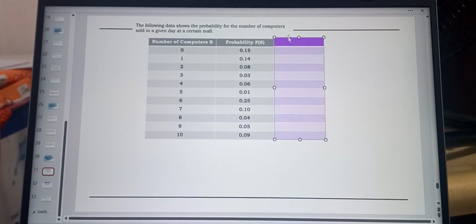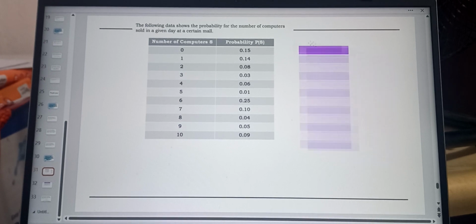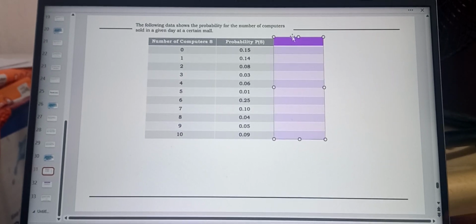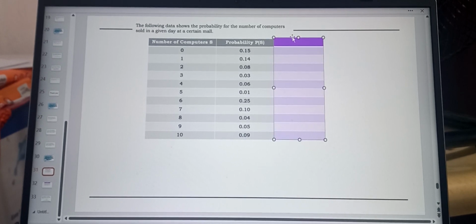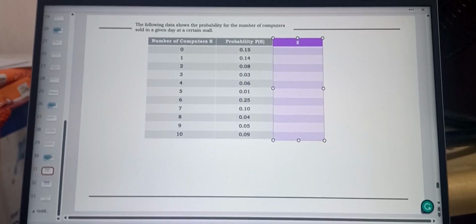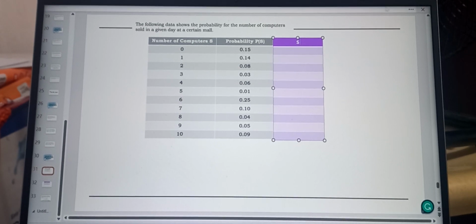Again, what is usually given is only the random variable and the corresponding probability, the two columns. That's why you need to add another column; that is the first step to find the mean of the discrete probability distribution. Add another column to the right, and then you will put here the product of the random variable S, the number of computers, multiplied by the probability.